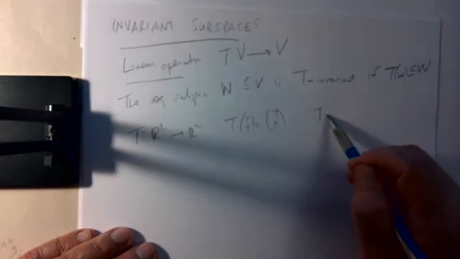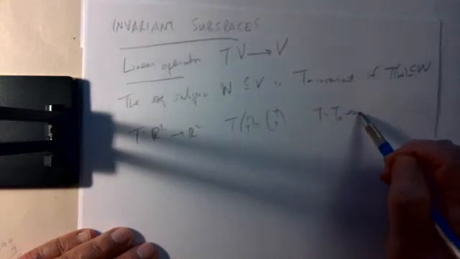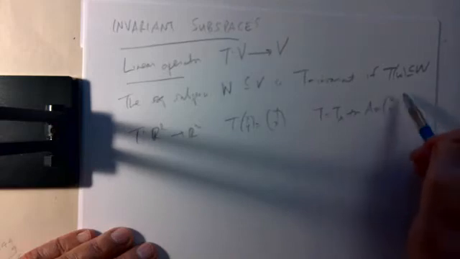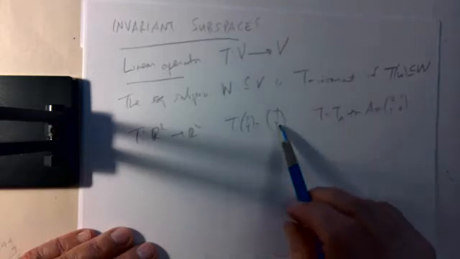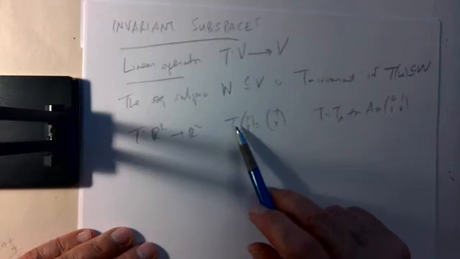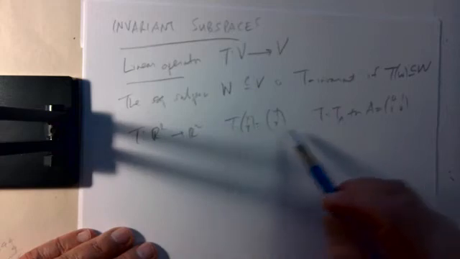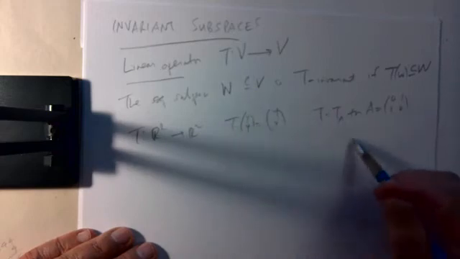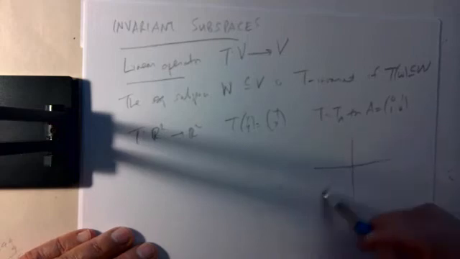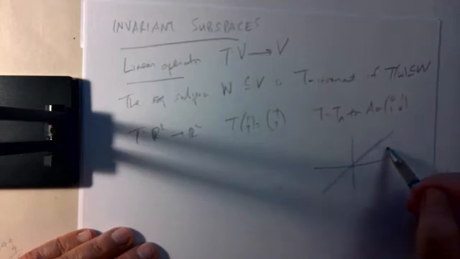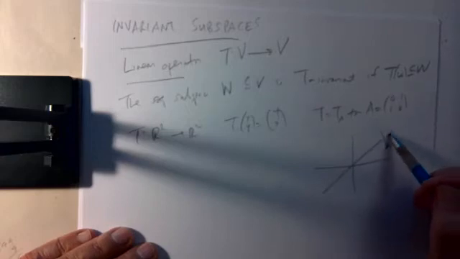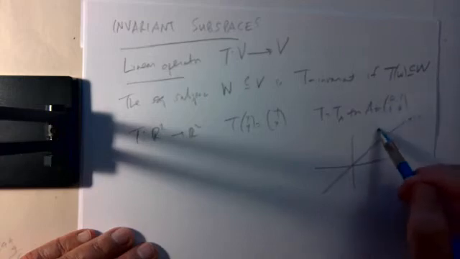So T is T sub A for the matrix A equal to 0, 1, 1, 0. So this is just the linear transformation that sends (x, y) to (y, x). Geometrically in the plane, if you take a vector (x, y), the vector (y, x) is what you get by reflecting through the line y equals x.